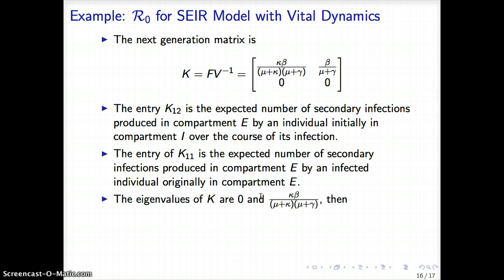And so the eigenvalues of this matrix K are 0 and the entry in the 1 1 location. It is also straightforward to notice that both of these eigenvalues have 0 imaginary part. They are real numbers.